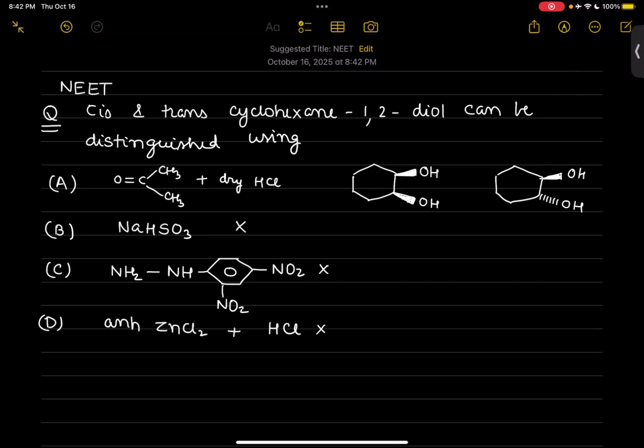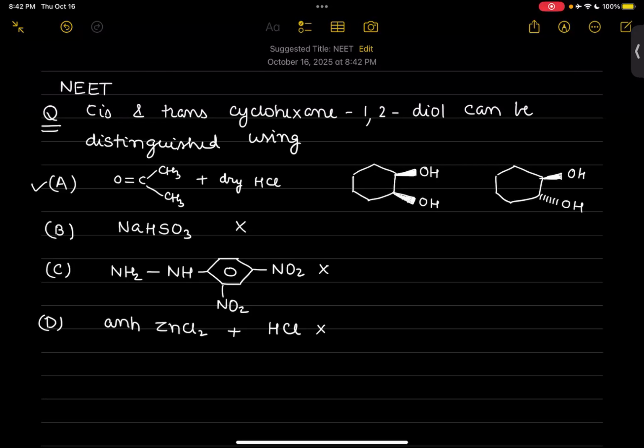But here all the alcohols are secondary, so this reagent also is of no use. So you are left with only one reagent, that is option A. You can follow this approach, okay?